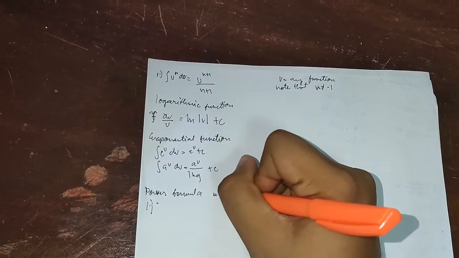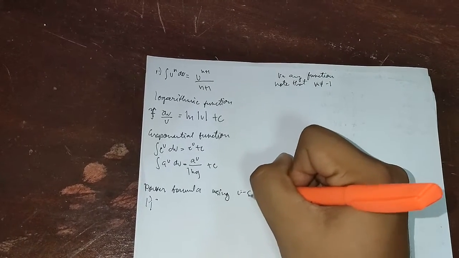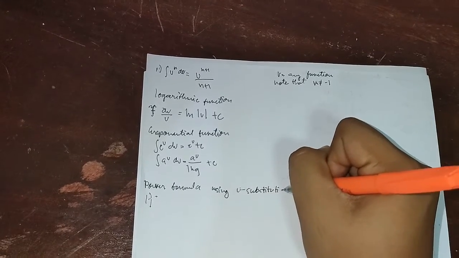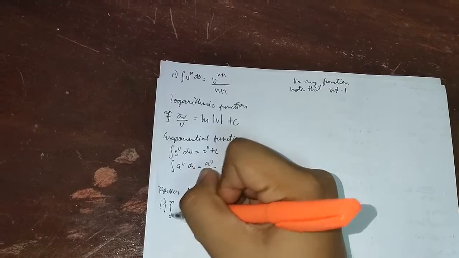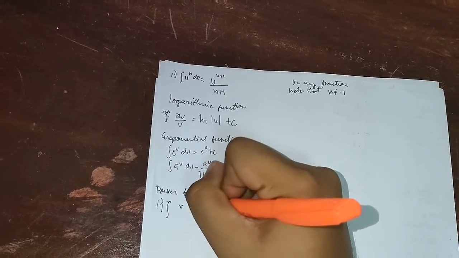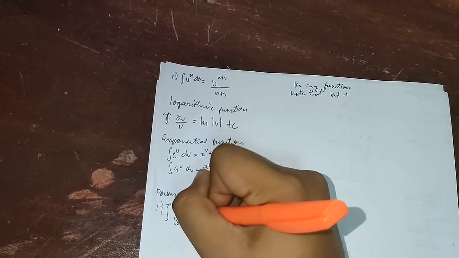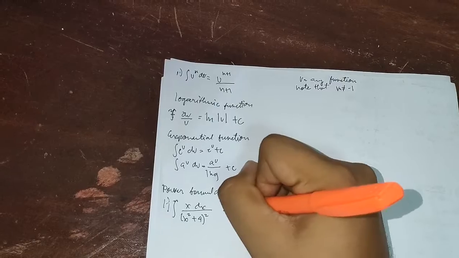Our first example is the integral of x dx over (x squared plus 4) squared.